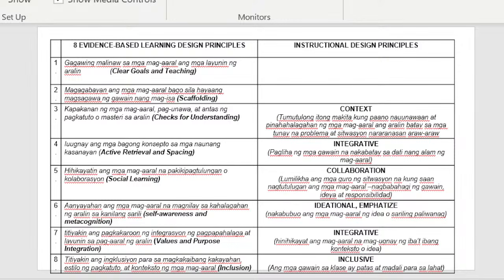It must be integrity. And social learning is synonymous to collaboration. Self-awareness and metacognition is ideational and empathize in the instructional design framework. The values and purpose integration is also integrity, and inclusion is inclusive. It is equal to all.